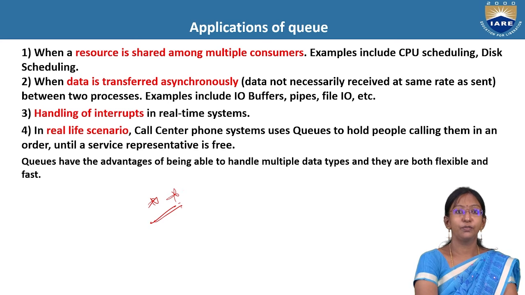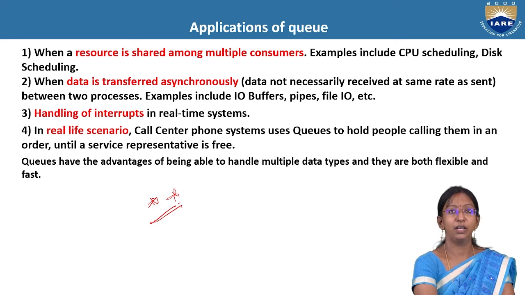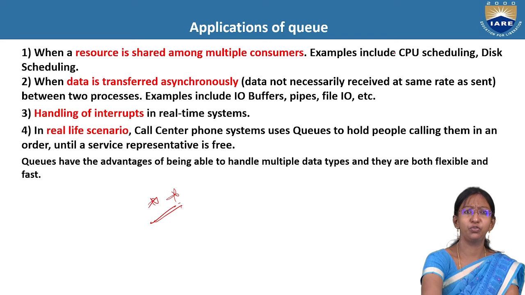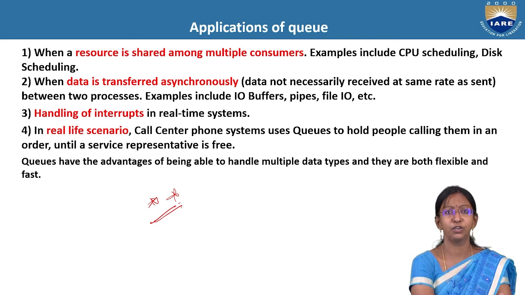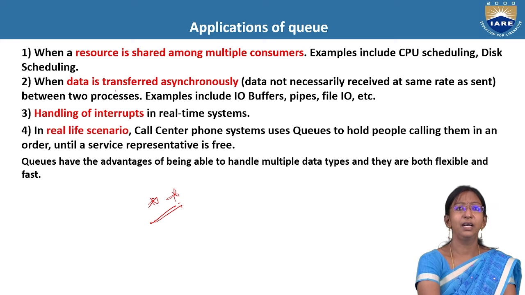So applications of queues is resource sharing with multiple consumers, right? So sharing like CPU scheduling, disk scheduling. CPU, disk, all are resources, right, for a system. So sharing them is one of the applications of queues. Next is asynchronous data transfer.